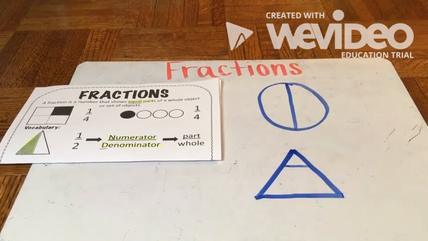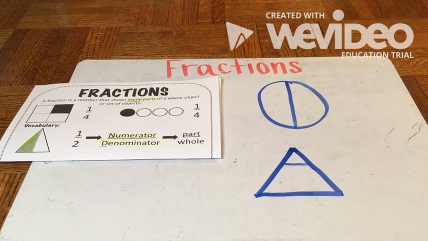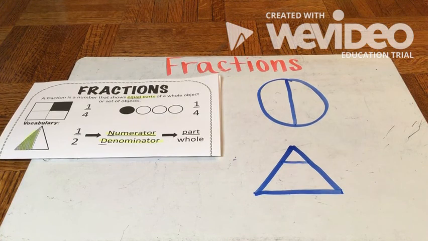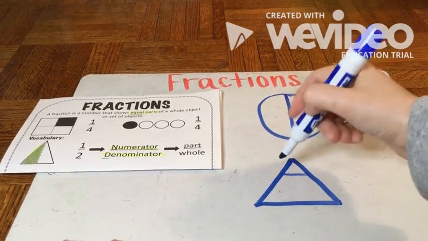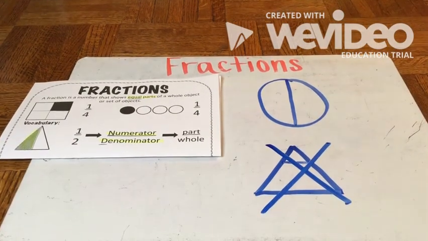Looking at these 2 pieces, are they equal? If I were to share it with somebody and I got the bottom part and they got the top part, do you think that would be fair? No, because these 2 parts are not equal. So therefore, this triangle does not show a fraction.